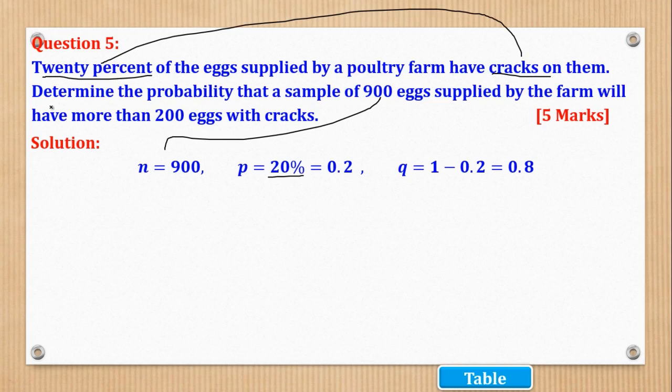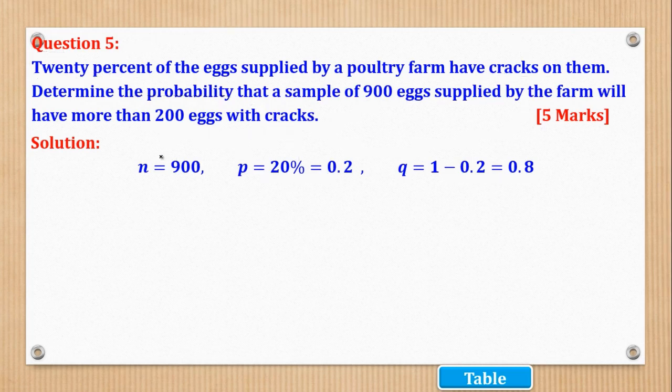Now when you come to the question, they said determine the probability that a sample of 900 eggs supplied by the farm will have more than 200 eggs with cracks. So I think you realize cracks. That's how you can know that what was given here is the probability of success, and the probability of fail is the complement.